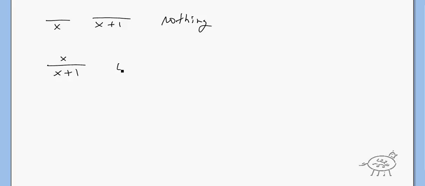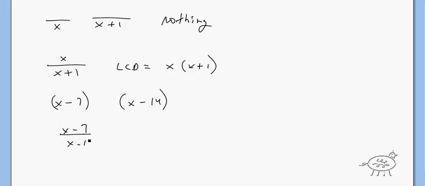So my LCD is x times x plus 1. What about x minus 7 and x minus 14? Can I cancel anything out? No, it's addition and subtraction. So my LCD is x minus 7 times x minus 14.